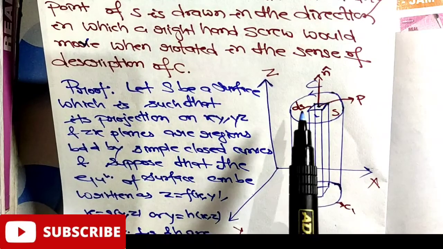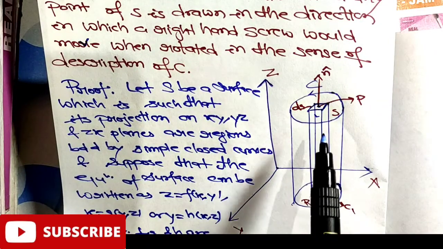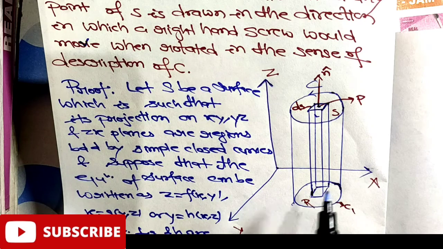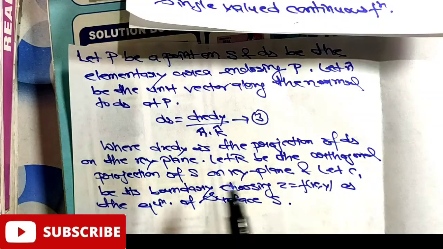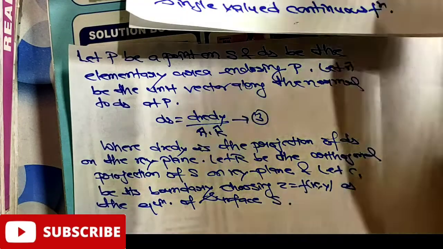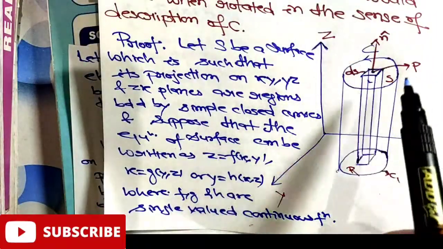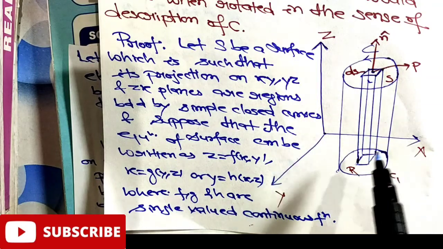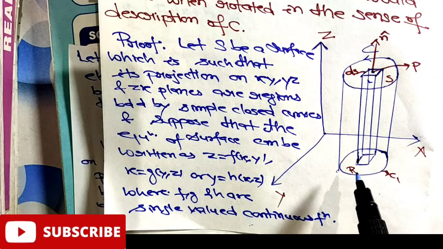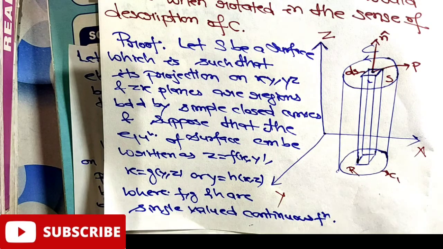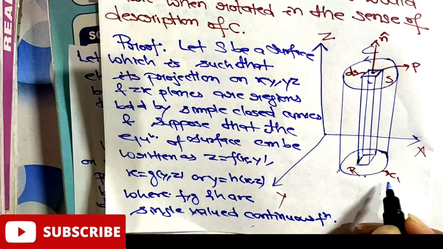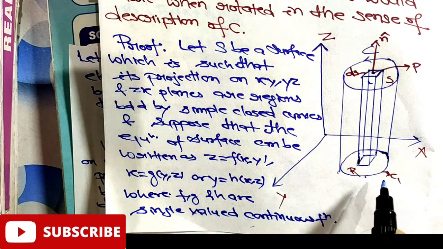As you see in the figure, this elementary area ds, the projection of this area is here in the xy plane. So this is dx into dy, the area in the plane, and R is the orthogonal projection of S on the xy plane, and C1 is its boundary. This is the surface and this is the projection of that surface S, which is named R in the xy plane, and we named that curve C1. This region R is enclosed by the curve C1.